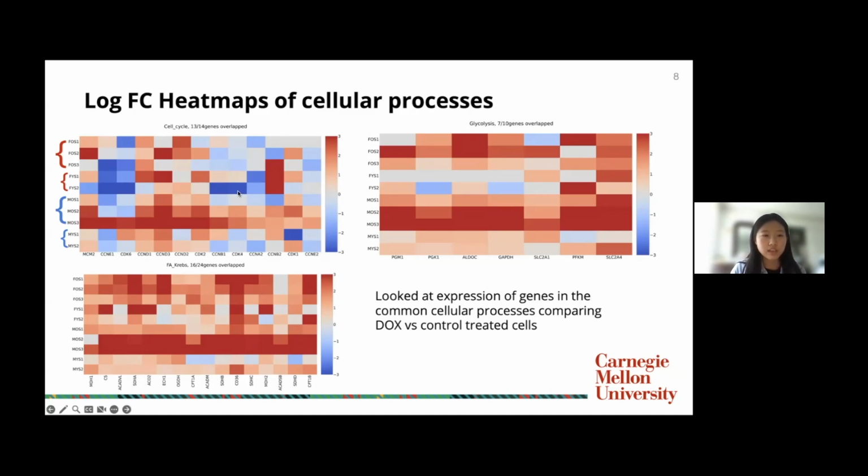Blue cells indicate those genes were downregulated in the dox-treated cells compared to the controls. We wanted to look at these common cellular processes since they are involved in senescence. Across the heat maps, we saw general upregulation in the fatty acid oxidation and Krebs gene list, along with the glycolysis gene list.